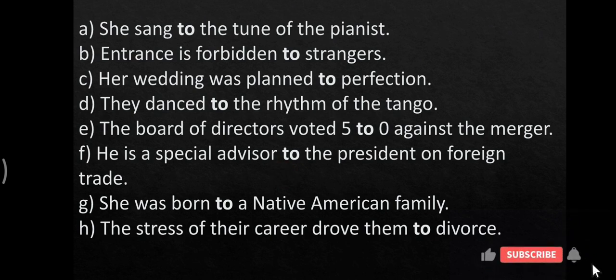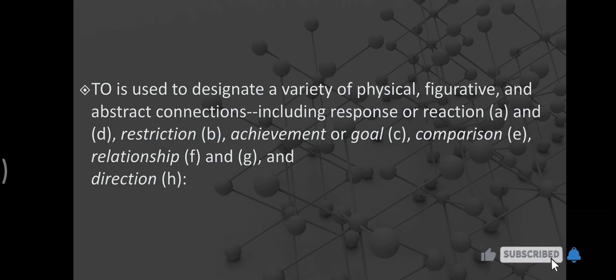So to shows relationship in this sentence and in this sentence. And the last example, the stress of their career drove them to divorce. Here it shows direction. So as we mentioned, we also use preposition to and it designates a variety of physical, figurative and abstract connections, and here we explain.